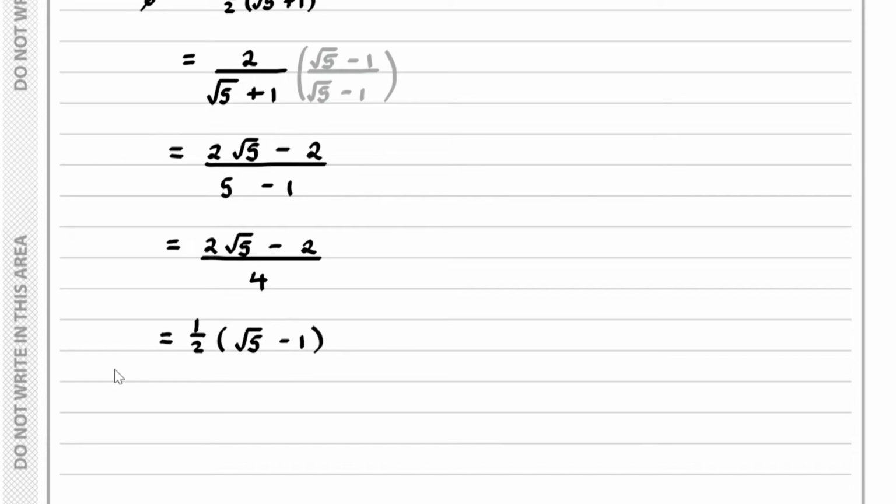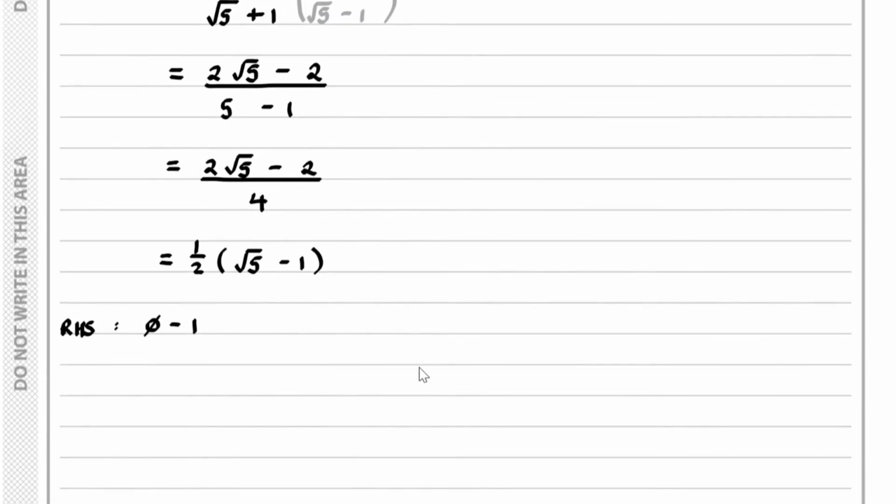And then on the right hand side, we have phi minus 1, which is equal to 1/2 times root 5 plus 1 minus 1.